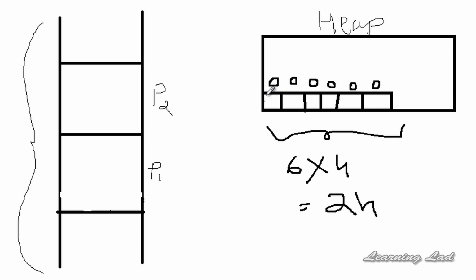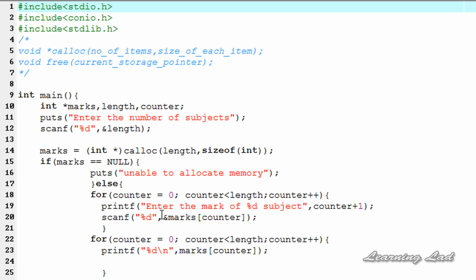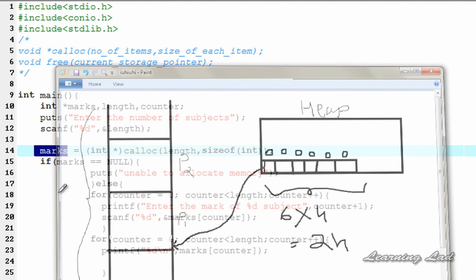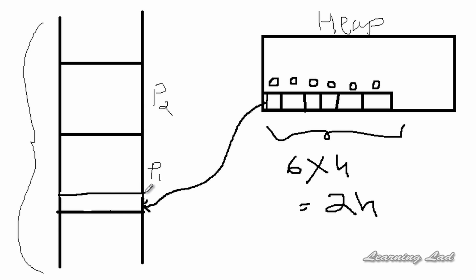Then it's going to return the address of the first byte of the first block, and store that address in our pointer marks. So marks is going to point to the first byte of the first block.